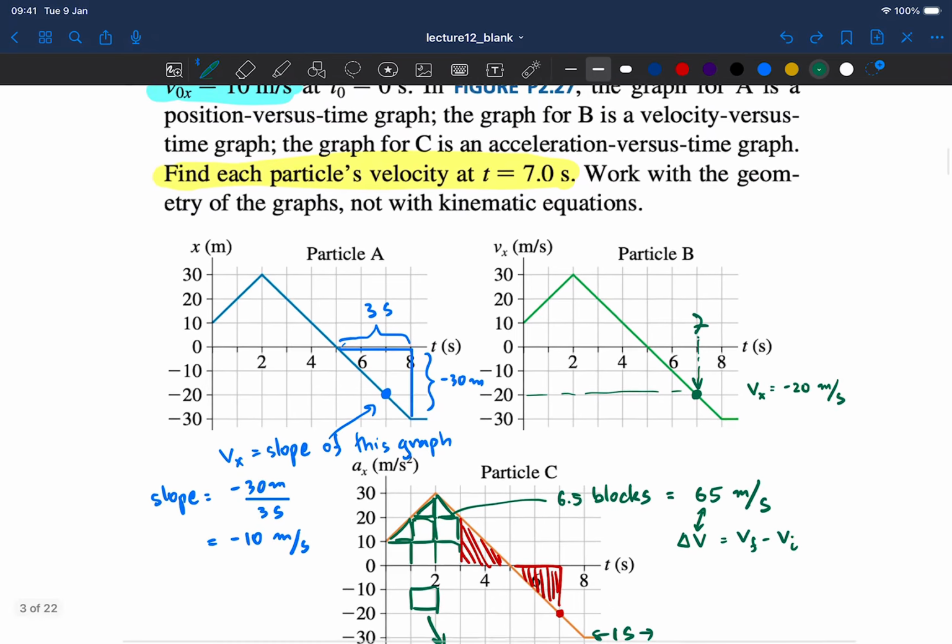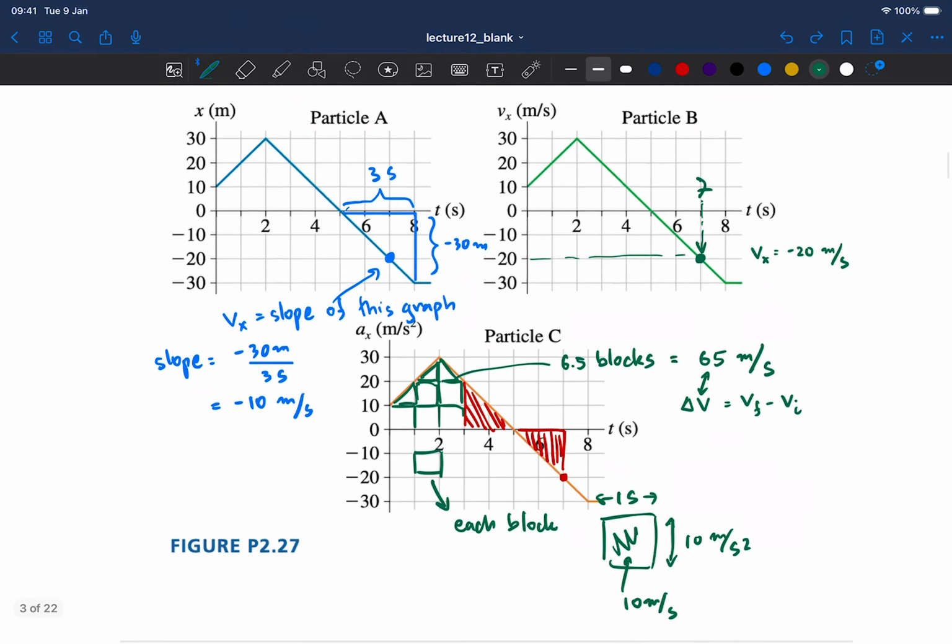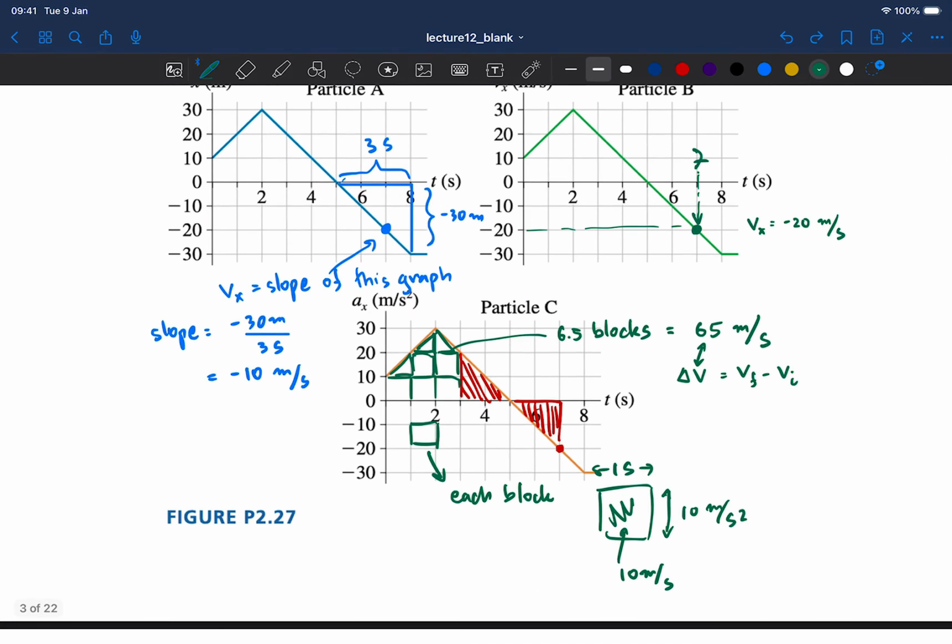So we need to add the initial velocity to get Vf. So Vf is not just 65. That's only the change, that's only delta V. That's the amount of the increase from the initial value. But the initial value is already at 10, so you need to add that.